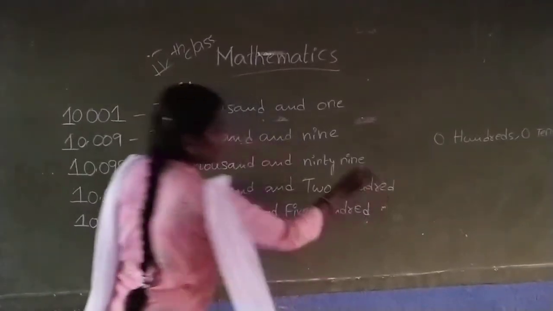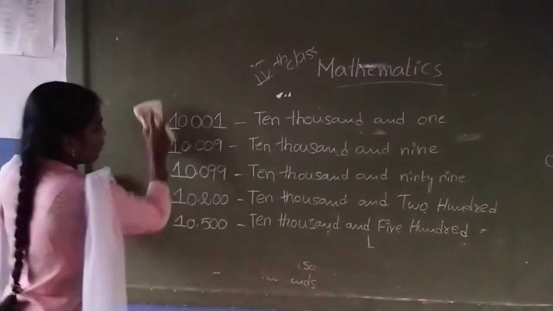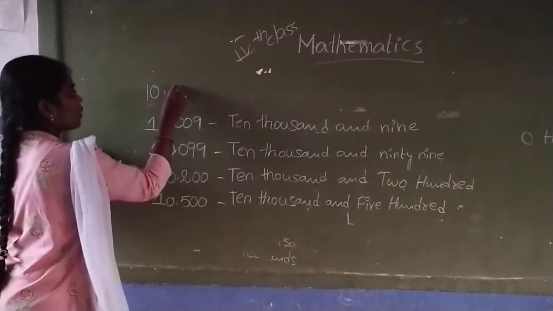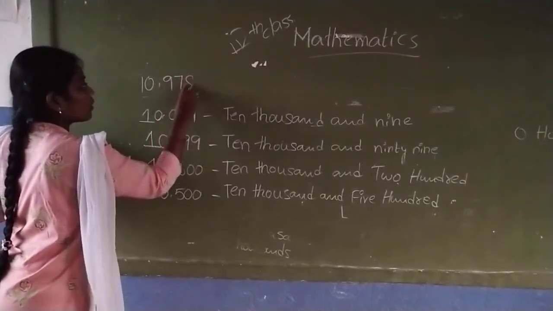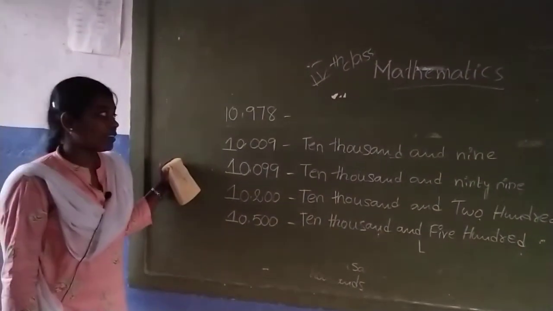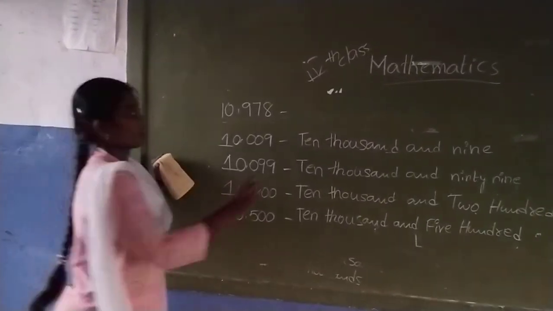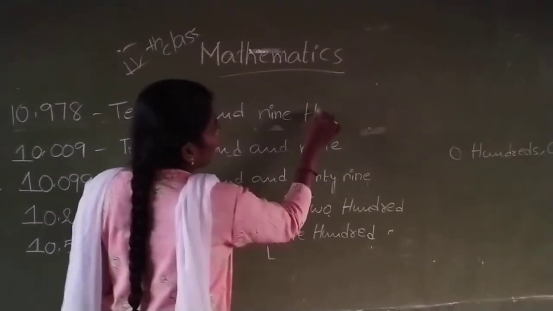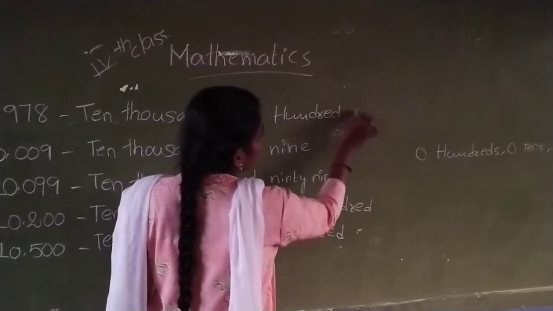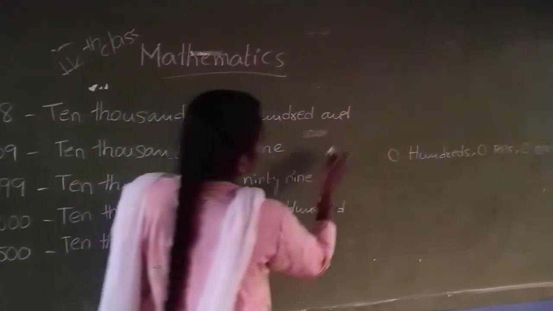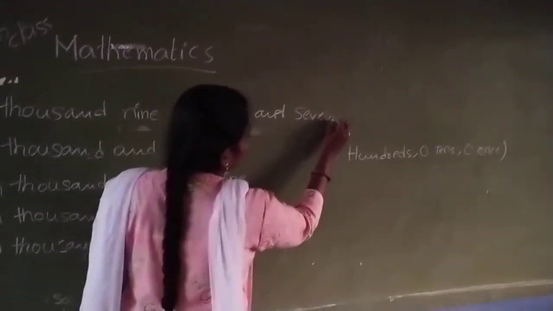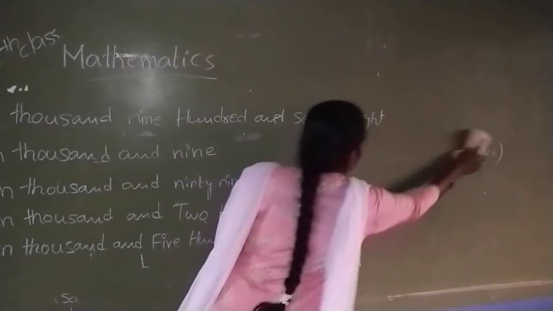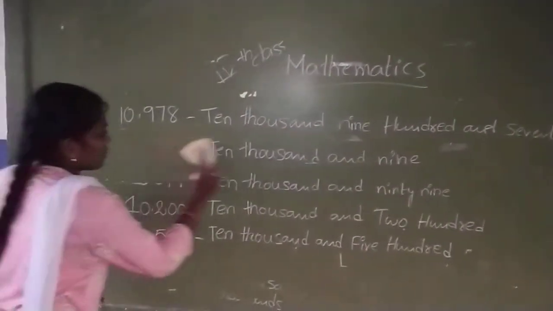In the same way, this can be read like this: 10,978.